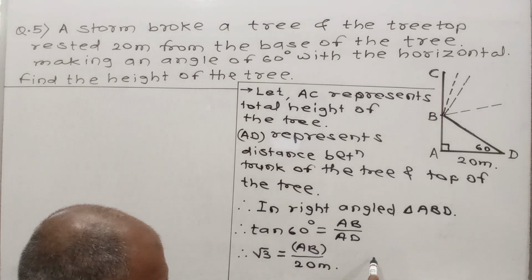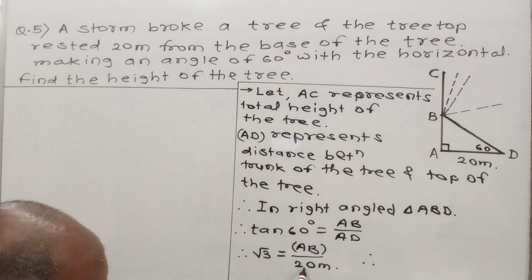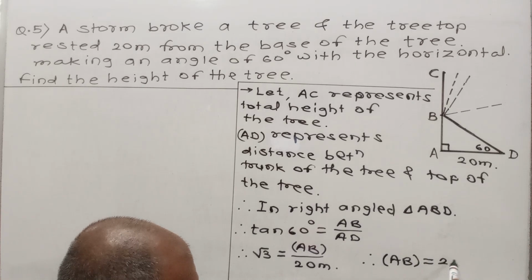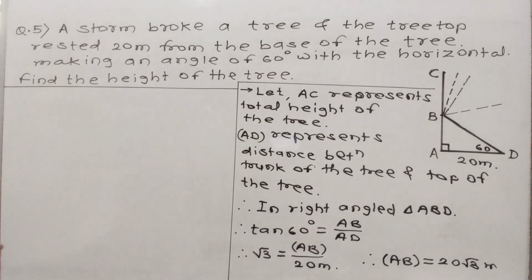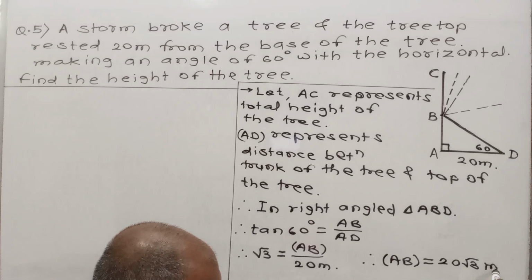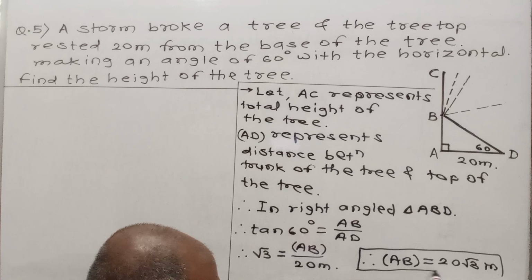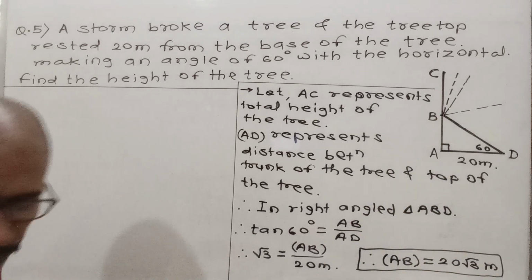Okay, therefore by cross multiplication, AB is equal to 20 into root 3 meters. Okay, this is the height of the unbroken part of the tree.